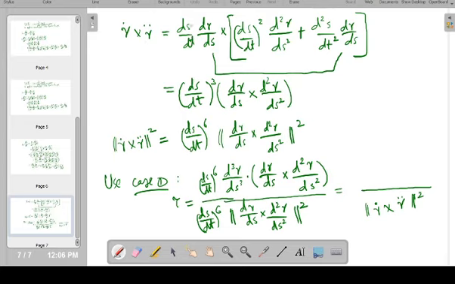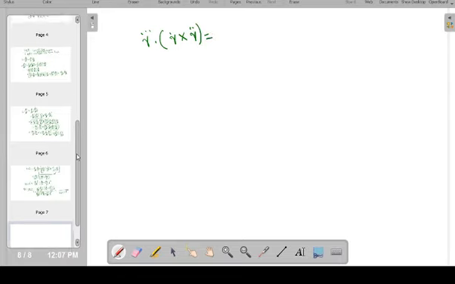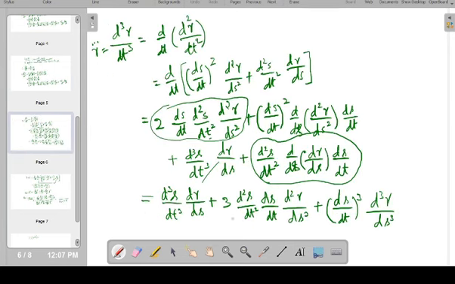So let us compute that. Gamma triple dot is this expression: d gamma by ds, d square gamma by ds square, d cube gamma by ds cube with some appropriate scalars.